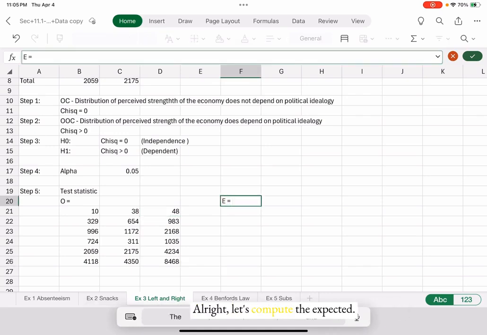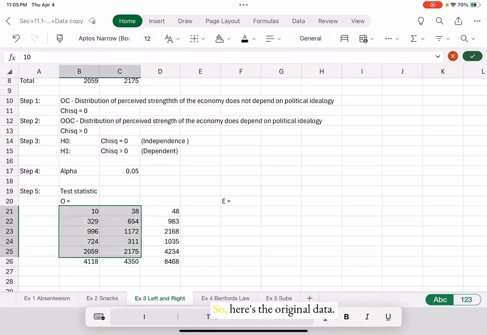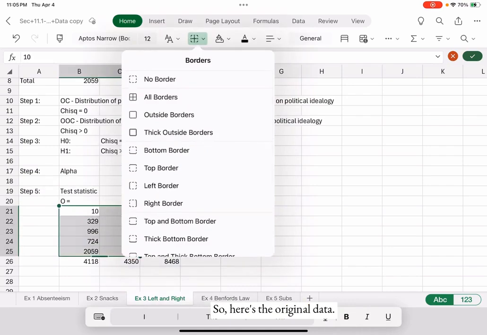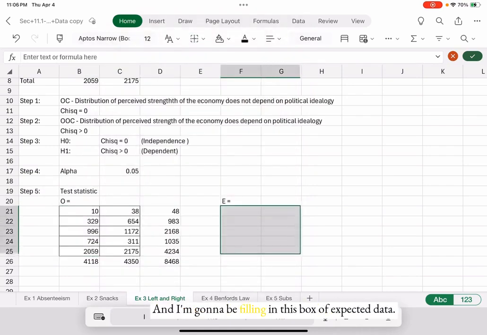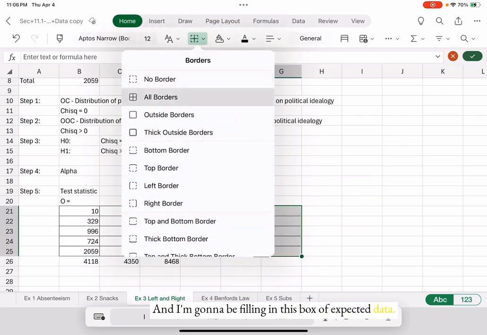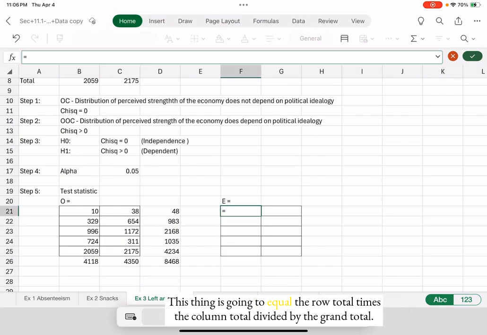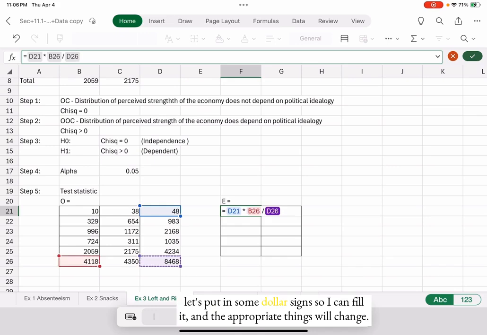All right, let's compute the expected. So here's the original data, and I'm going to be filling in this box of expected data. This thing is going to equal the row total times the column total divided by the grand total. Let's put in some dollar signs so I can fill it, and the appropriate things will change.